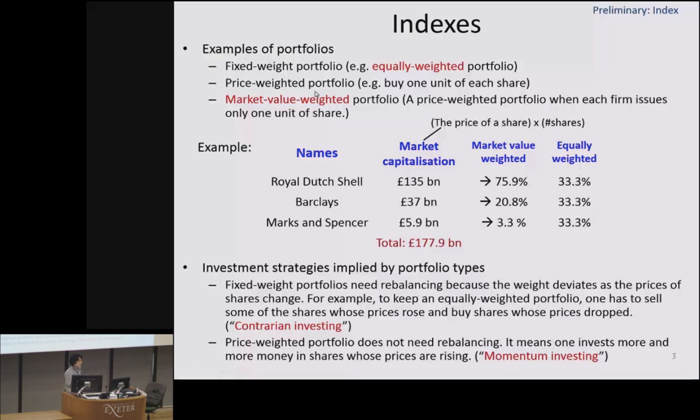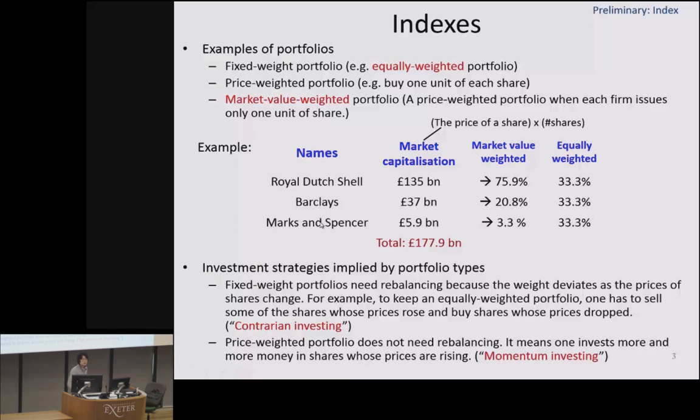Price weighted portfolios have portfolio weights that are proportionate to the share prices. So let's say today, the unit price of Dutch Shell share is £300. The unit price of Barclays share is £200, and that's £100 for Marks and Spencer.